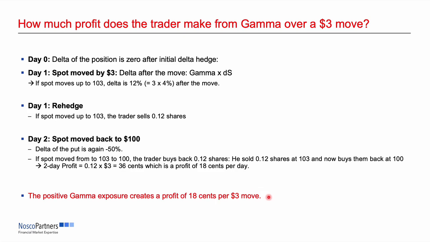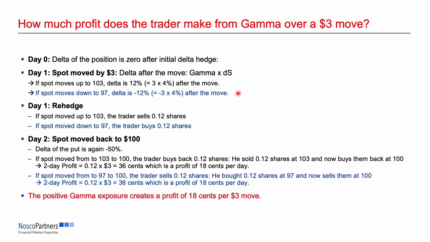Or in other words, a $3 move resulted in a gamma profit of 18 cents. You can do exactly the same calculation assuming that the move was down and then up instead of up and then down, and you get exactly the same result. Namely, that a $3 move results in a gamma gain of 18 cents.